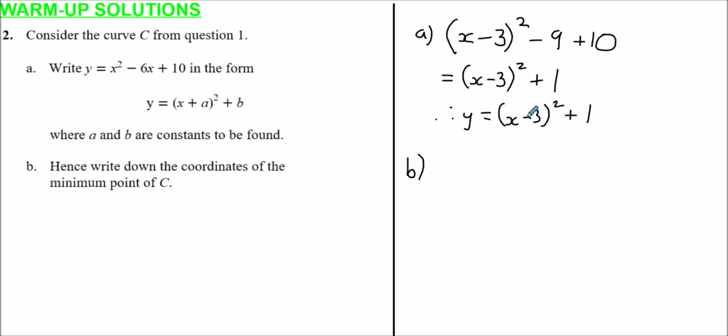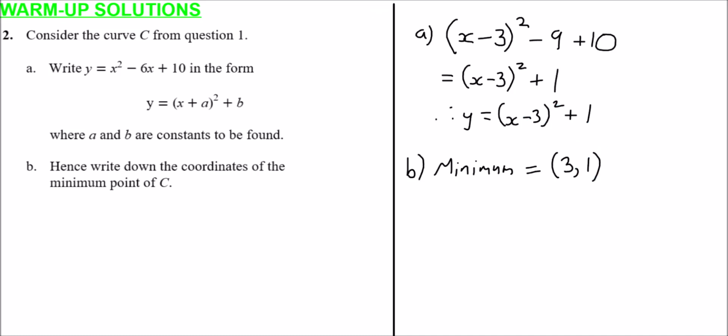The lowest value something squared can be is 0 when the brackets are equal to 0. So the minimum point is going to be when x is 3. That gives us 0 squared plus 1. So the minimum will be 3 and 1.